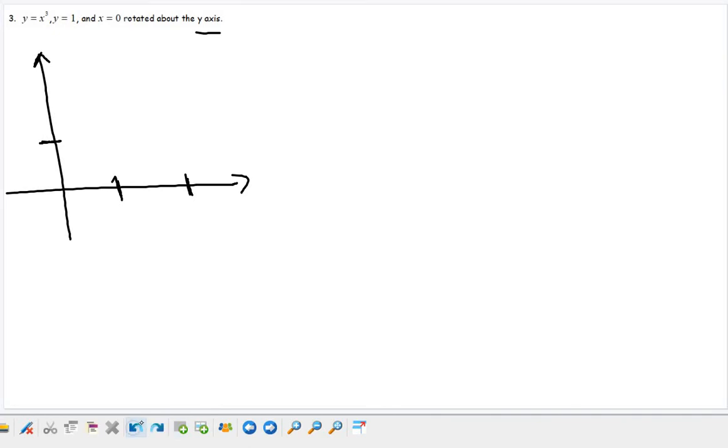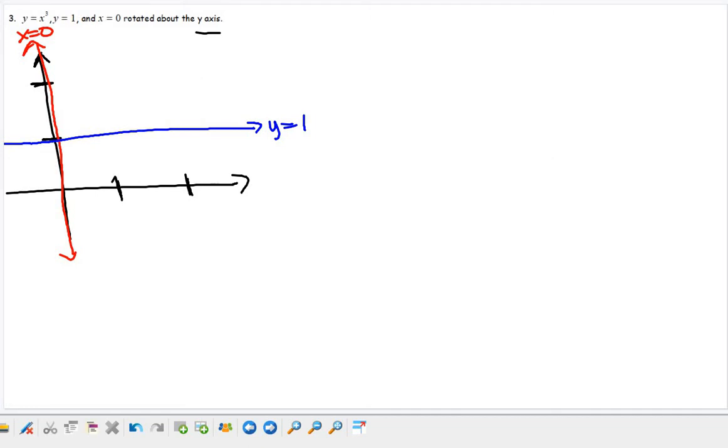Oh, that's not good. 1. How about that? Slightly better. So we have x is equal to 0. So here, x is equal to 0. And then we have y is equal to 1. And then we have the cubic function, y is equal to x cubed.